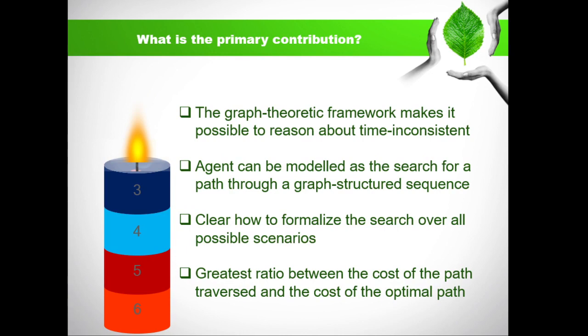The path theoretic framework makes it possible to reason about time inconsistency effects that arise in very different settings, provided that the underlying decisions faced by the agent can be modeled as the search for a path through a graph structured sequence of options.